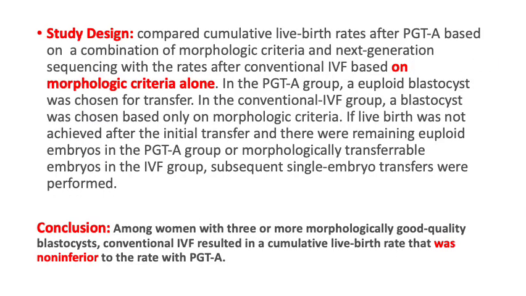So their study design was as follows. They compared cumulative live birth rates after PGT-A based on a combination of morphological criteria or next generation sequencing with the rates after conventional IVF based on morphological criteria alone.